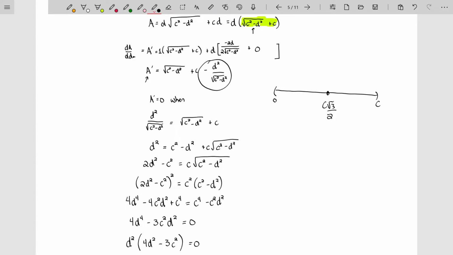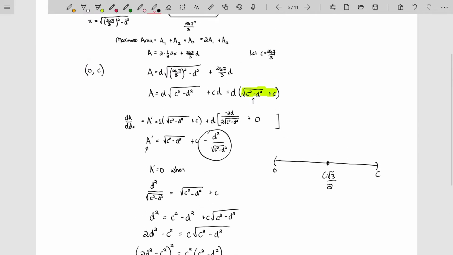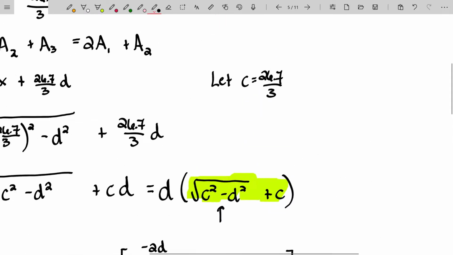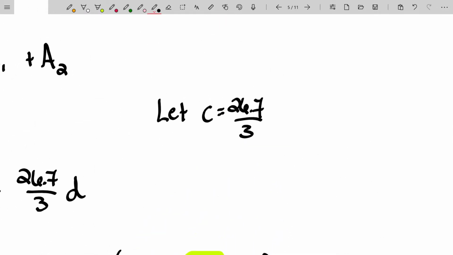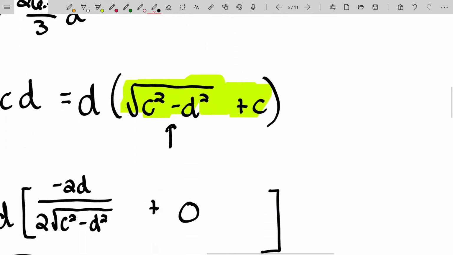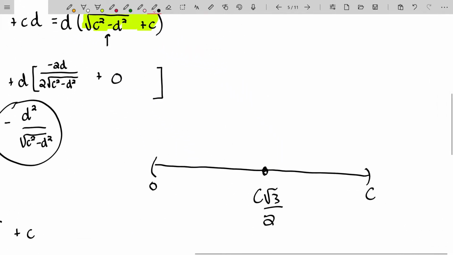And here is where I'm actually going to figure out what c root 3 over 2 is. Remember, c is 26.7. Where did I make that substitution? There, right up there. C is 26.7 divided by 3. So I'm just going to grab a calculator, type in 26.7, and then divide that by 3. That's 8.9. That's pretty nice.